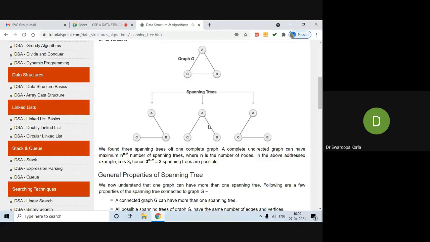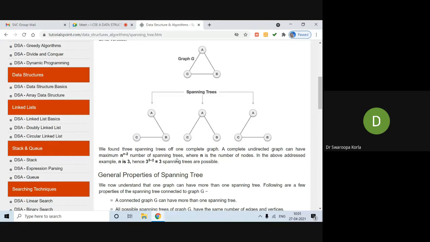A complete undirected graph can have a maximum of n power n minus 2 spanning trees. This is a formula we can apply for a complete undirected graph. A complete undirected graph is nothing but a graph where all vertices are connected, and there should not be any direction specified. In that case, the maximum possible number of spanning trees is n power n minus 2.